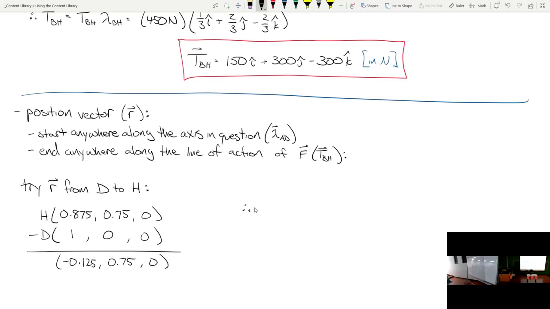So therefore, R, and we did that from, or to H from D, is this.